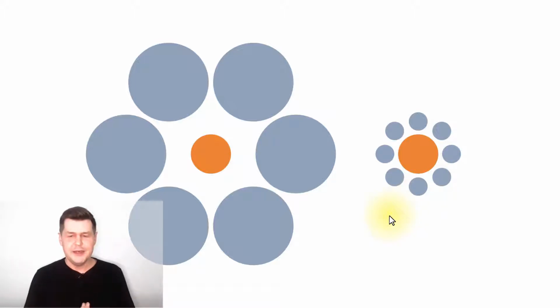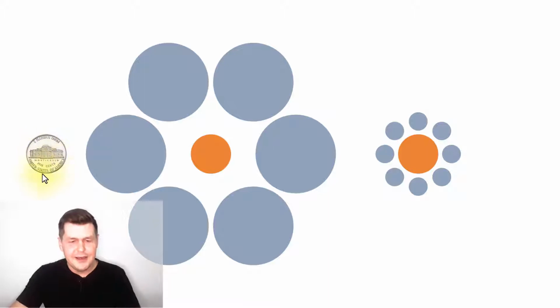But is it really bigger? Is this orange circle really bigger than this orange circle? Let's check and see. So I have a coin here. So this is a coin. It's a 5-cent piece. It's a nickel, an American nickel. It is worth 5 cents.